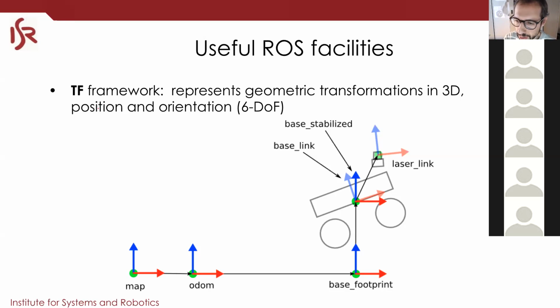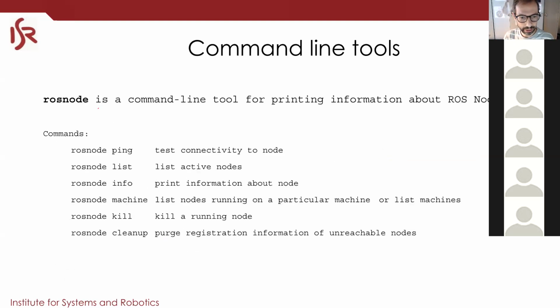Another very important point is it is also used a lot, for instance, when you are publishing laser data. For instance, you have a laser rangefinder. The laser rangefinder driver is publishing data from that laser, and it is a good idea to include into the message the frame of the laser. Okay, so let me go back.